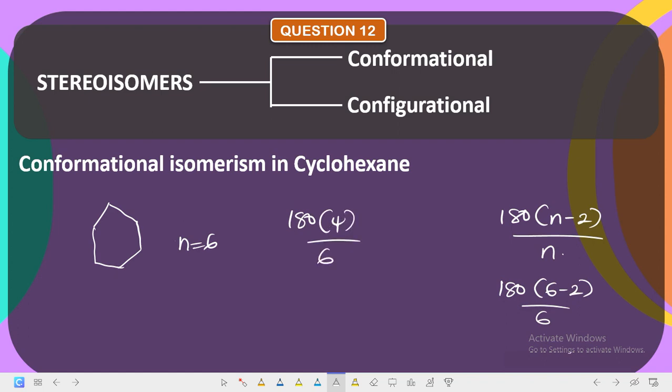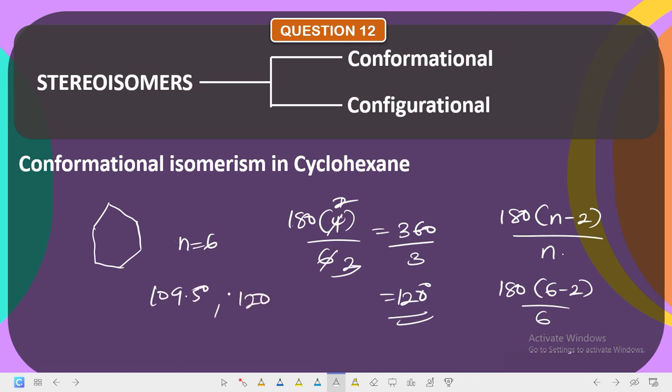And this gives us 2 over 3. Then 180 times 2 is 360, divided by 3 is 120 degrees. Now you also agree with me that this one normally is 109.5 degrees and this one is 120.